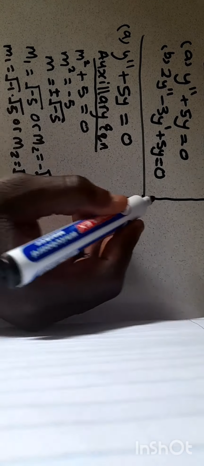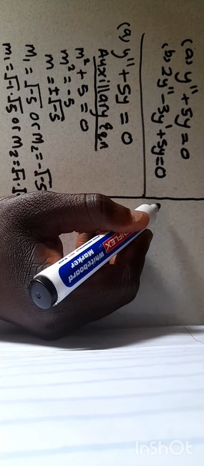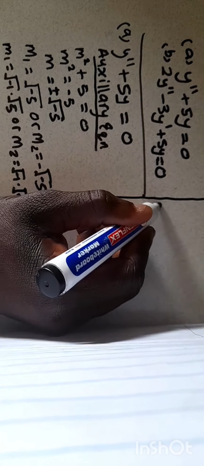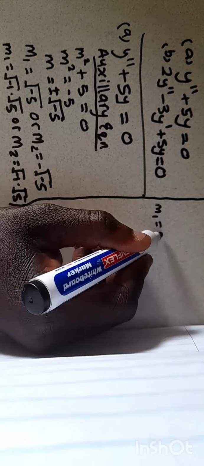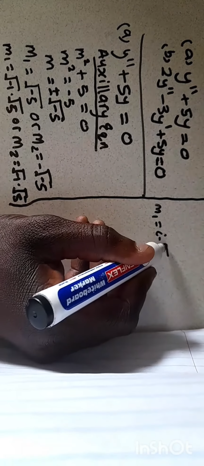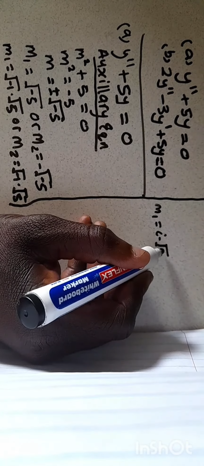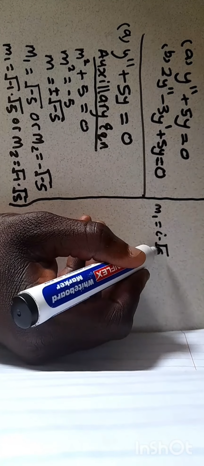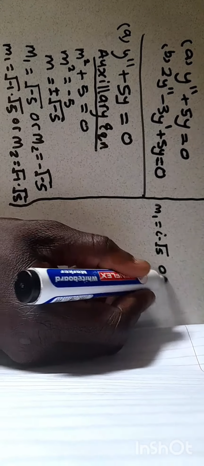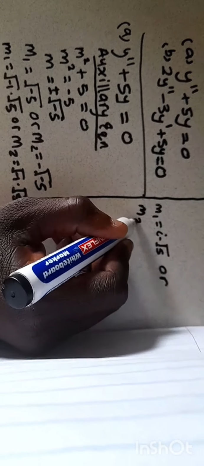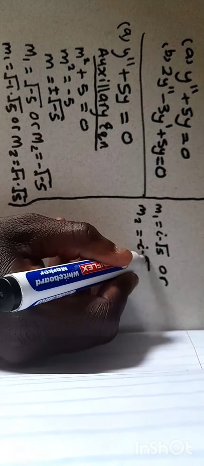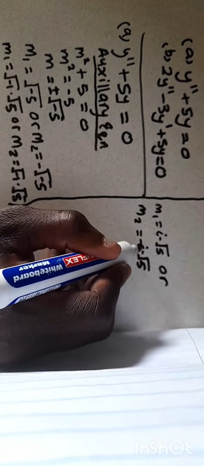So this will be m1 equals i times square root of 5, or m2 equals minus i times square root of 5.